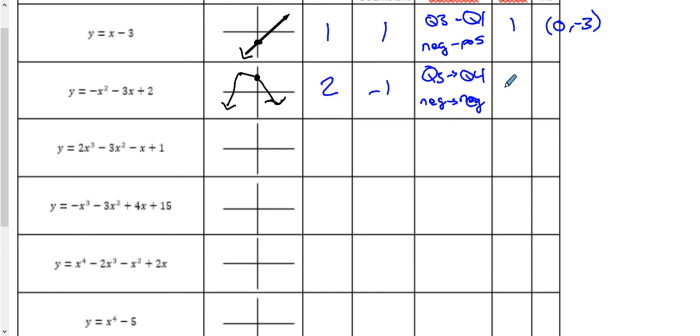How many x-intercepts do we have? We have 2 x-intercepts, and they'll be found right here and right here. On the last one we only had 1. And what's our y-intercept? Our y-intercept was just this little guy up here, at (0, 2), +2.